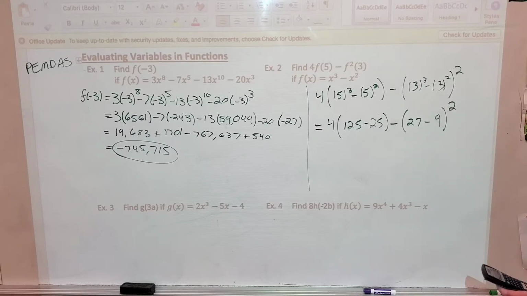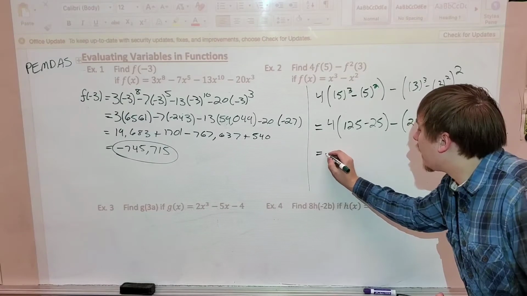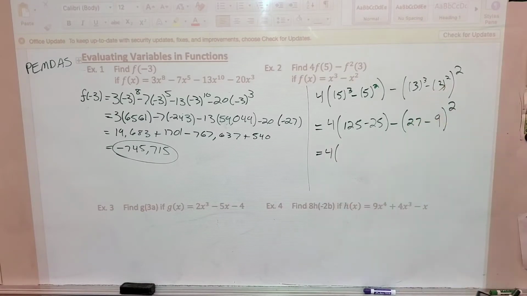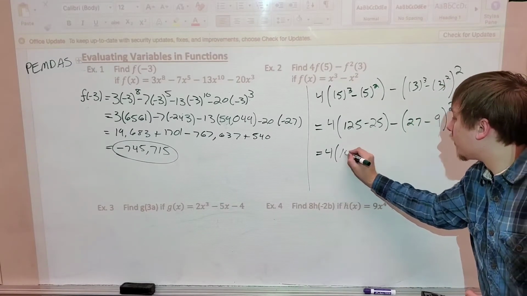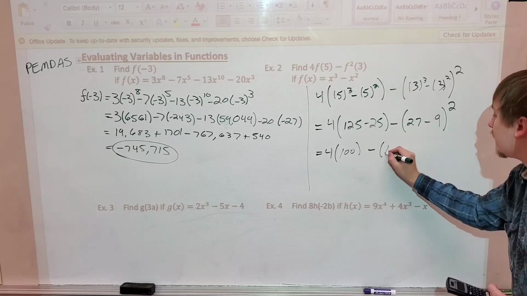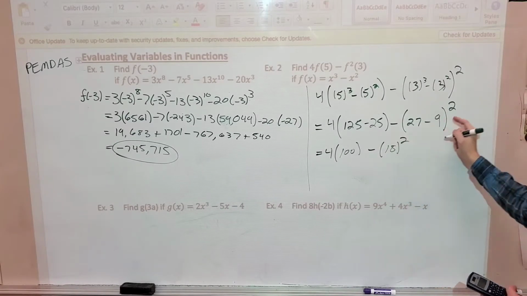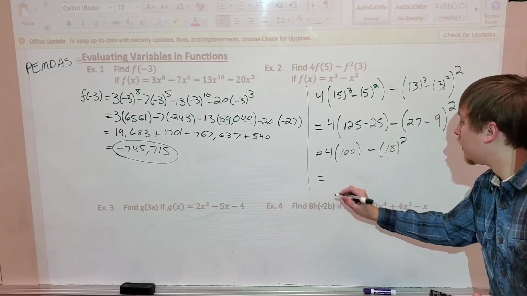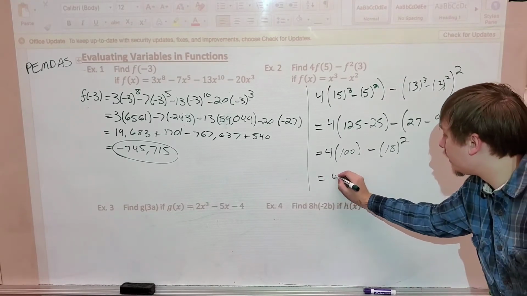That's squared. Do what's in the parentheses again. Work your way from the inside out. So 125 minus 25 is 100. And then we have minus 27 minus 9 is 18. Have to square that. So at the end, that's 400.